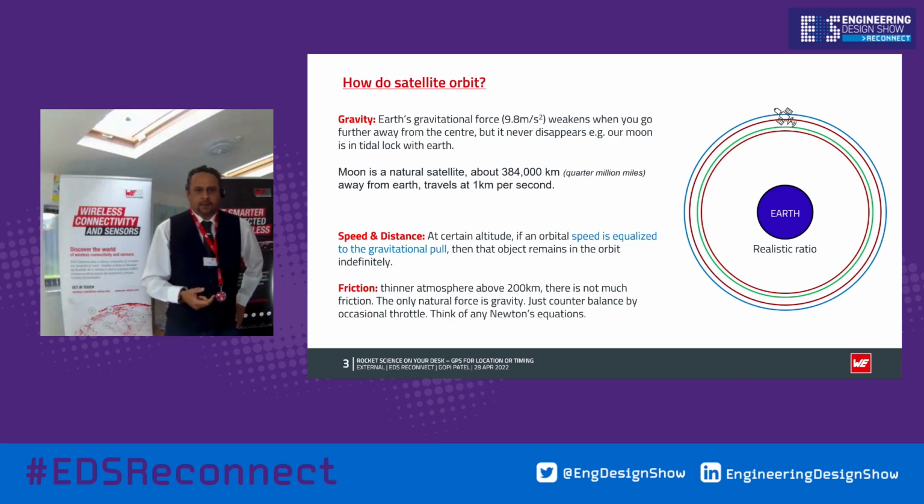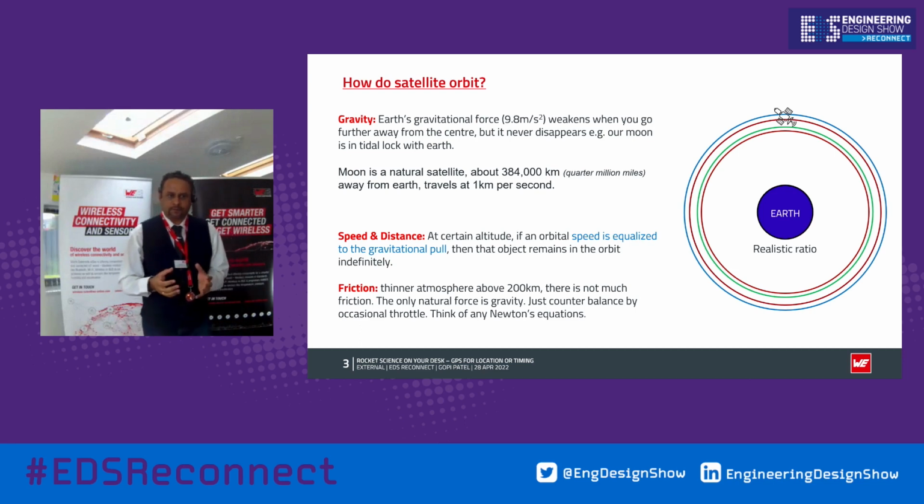And that requires one more final piece of the jigsaw, which is friction. About 200 kilometers after the Van Allen belt, there is not much friction left. What does that mean? Apply Newton's laws of motion. The first one, for example, is that action and reaction are equal and opposite.